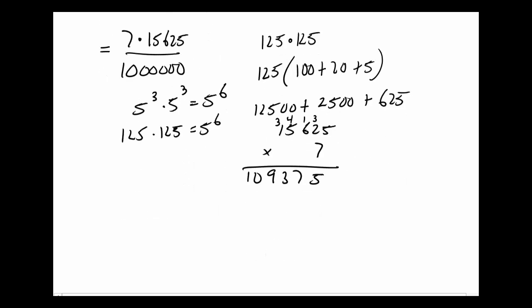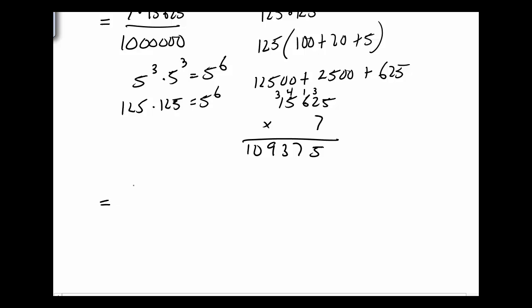So let me kind of go back down here. All right, so we have 109,375 over that very large looking denominator. I think I have the right number of zeros. Okay. Anyways, so our decimal is 0.109375.